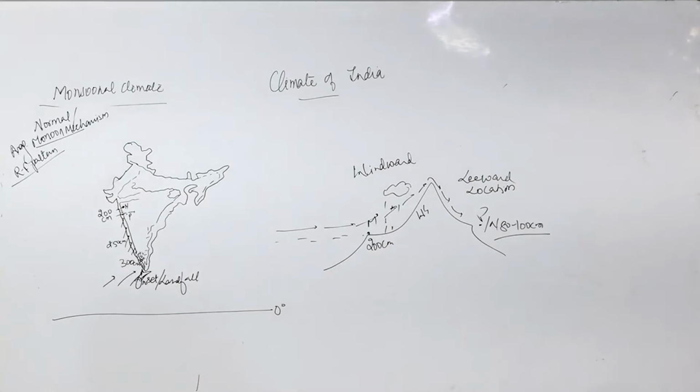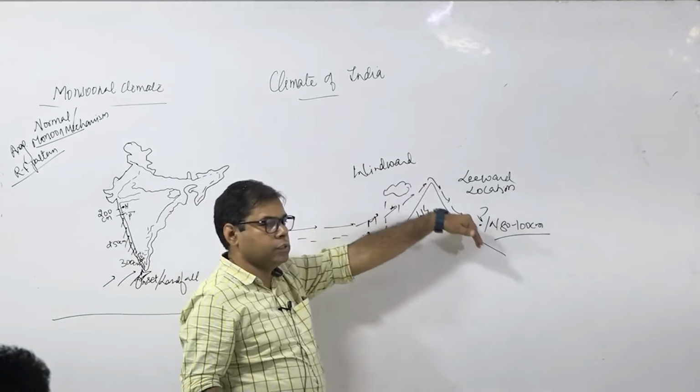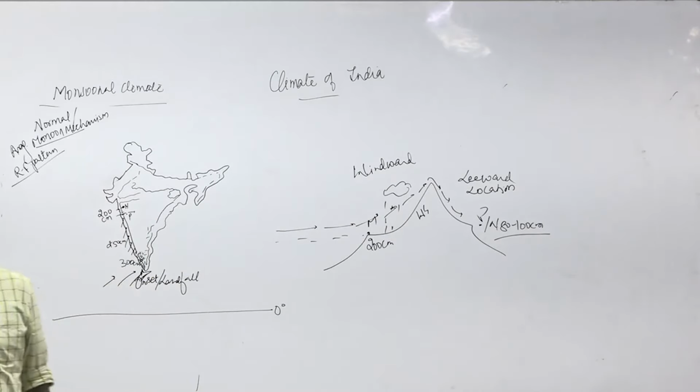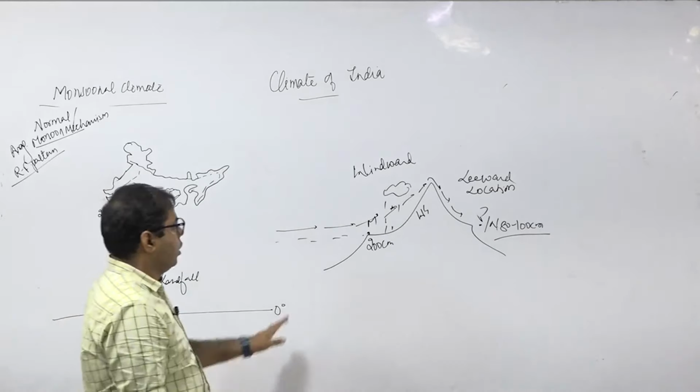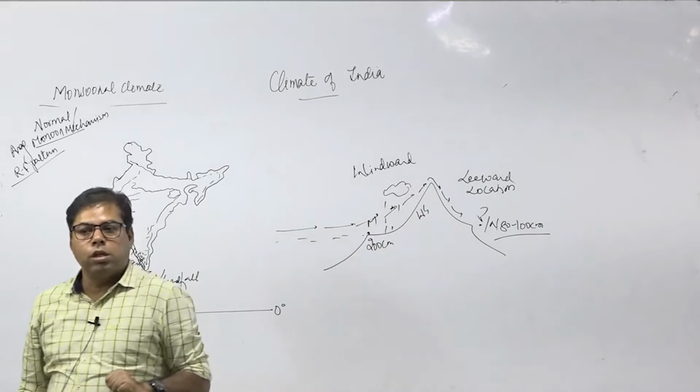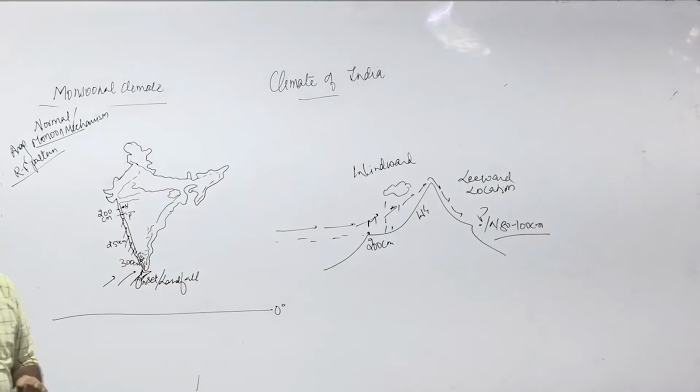On the leeward side of the mountain, there is a gradual decrease of rain over the declining slope of the mountain. There will be a rise of rainfall on the ascending or climbing slope of the mountains.